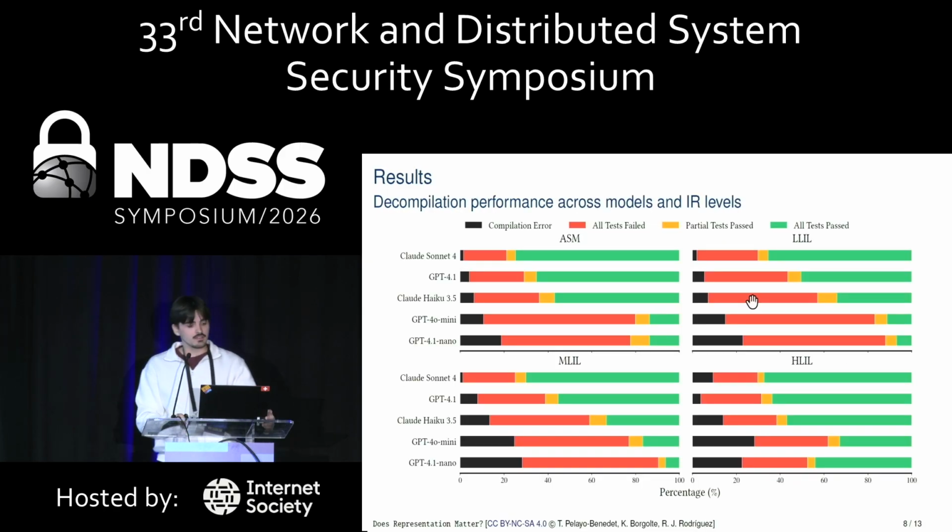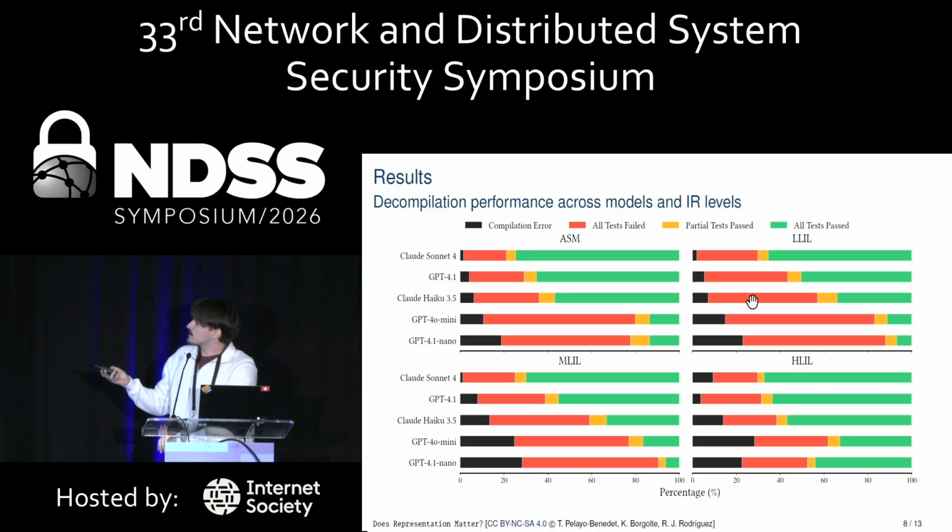Here we can see the results, which are that for large models we can't see any difference between all of the representations, but the smaller ones benefit a lot from using the high-level representations.